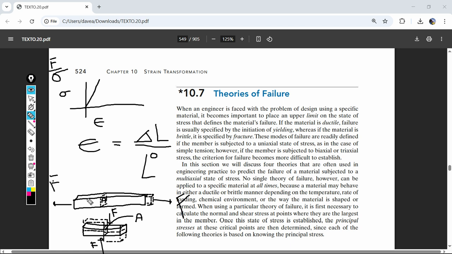Like those two chunks are going to rip apart. And we're going to see that if this was steel, a lot of ductile materials won't just rip apart. If this is glass, hell yeah, it'll just tear apart just like that, maybe right on that face. But we're going to find that for ductile materials, they're going to fail probably at a 45-degree angle.